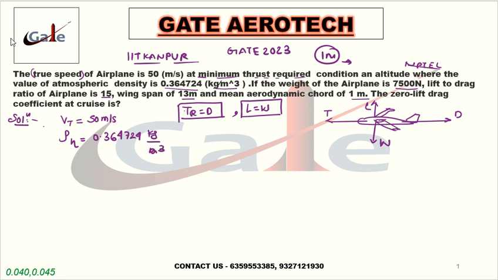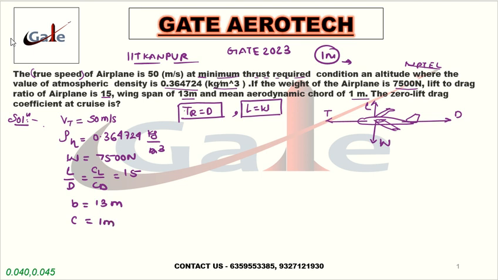The weight of the airplane is 7500 Newton, lift to drag ratio is equal to 15, which is unitless, and wingspan, that means b, is 13 meter.